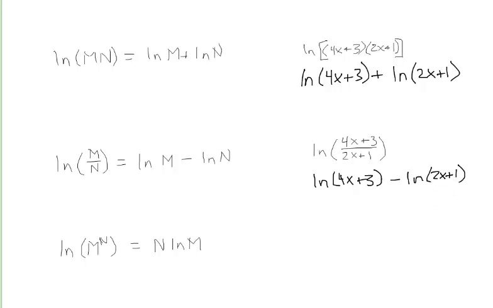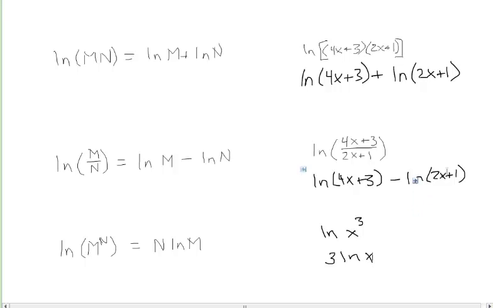And the final rule is, if we have ln of m raised to the n, we can bring the exponent out front. So it's equal to n times ln of m. And in this case, if we had ln of x cubed, we could rewrite that as 3 ln of x.